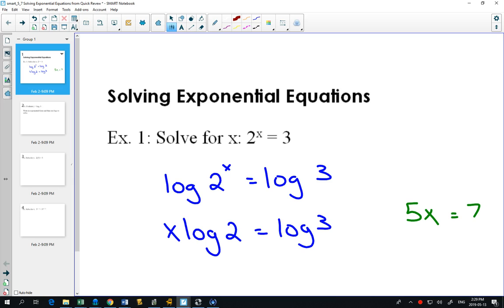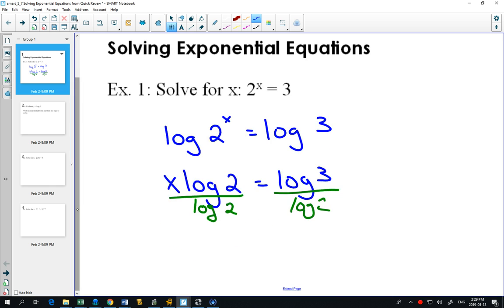Well, log of 2 is a number, even if you don't know what it's equal to. And log of 3 is a number, even though you don't know what it's equal to. So I could divide both sides by log of 2. That will get x by itself. And we get log 3 divided by log 2.